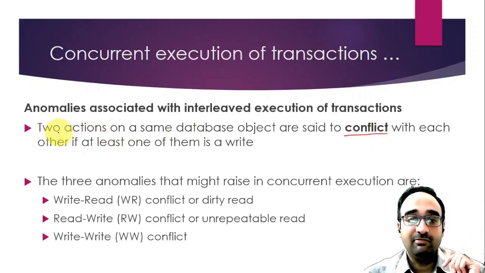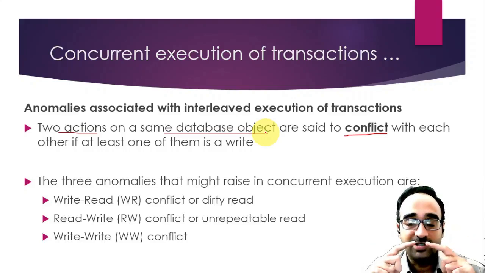When two actions are performed on the same database object, we call that a conflict. And these actions should belong to different transactions, not the same transaction. I will show you an example, just wait.